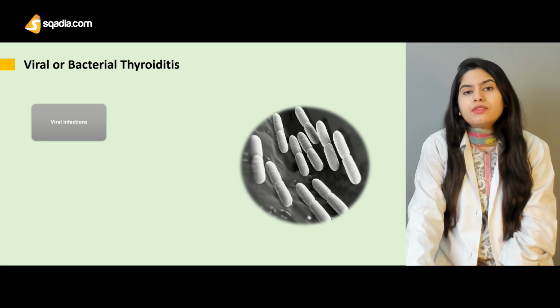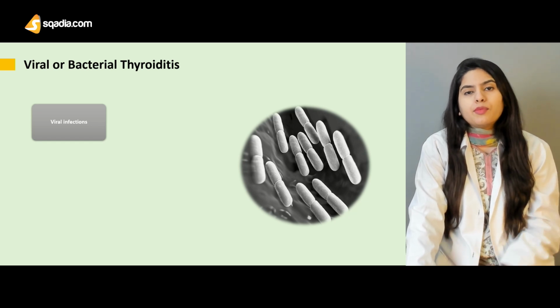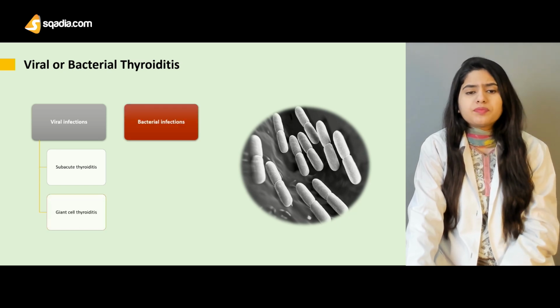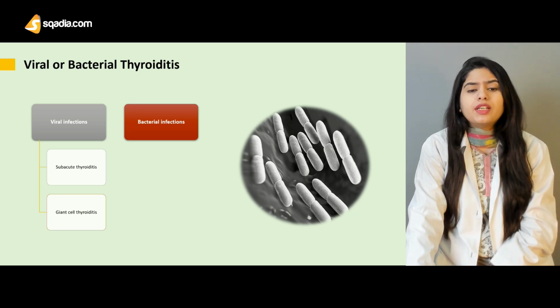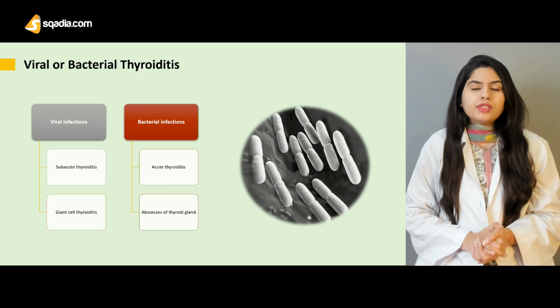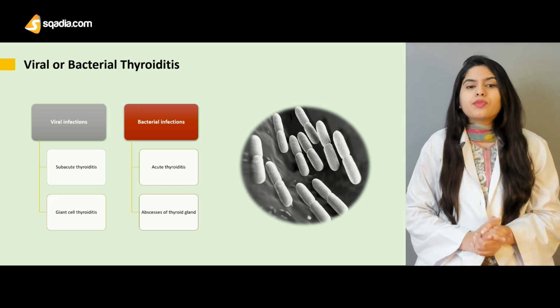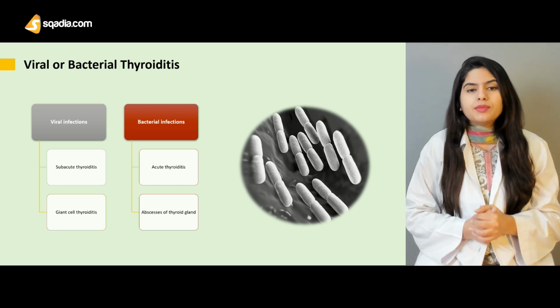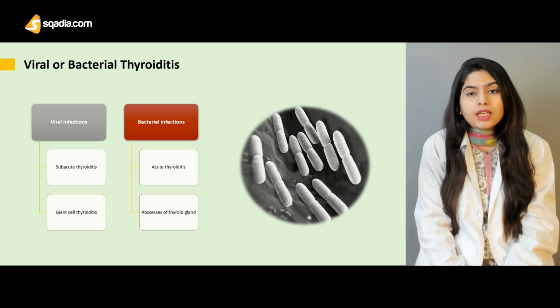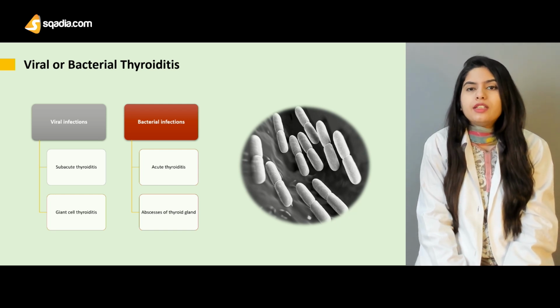The common viral infections that can cause hypothyroidism are subacute thyroiditis and giant cell thyroiditis. Then there can be bacterial infections, including acute thyroiditis and abscesses of the thyroid gland, that can be a reason for hypothyroidism. This type is known as viral or bacterial thyroiditis, or hypothyroidism that is caused by infection.